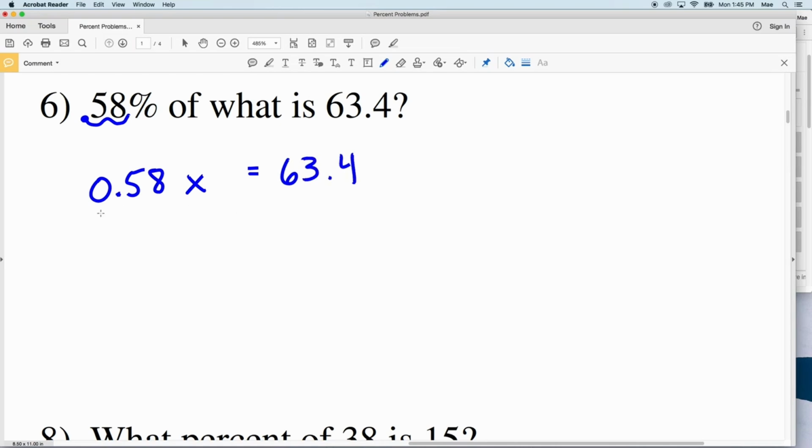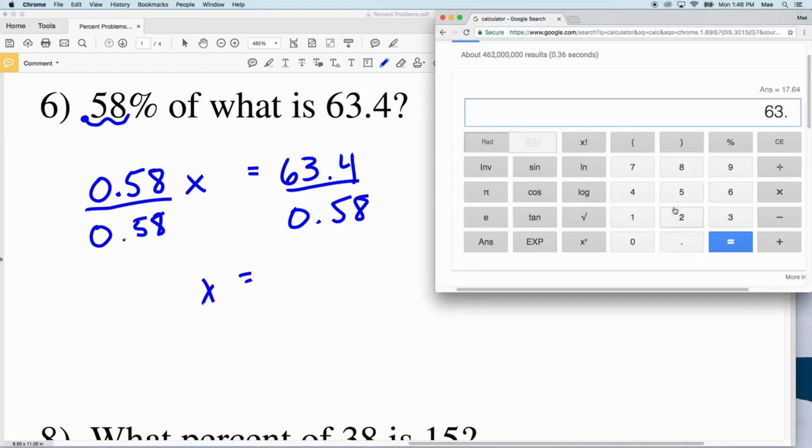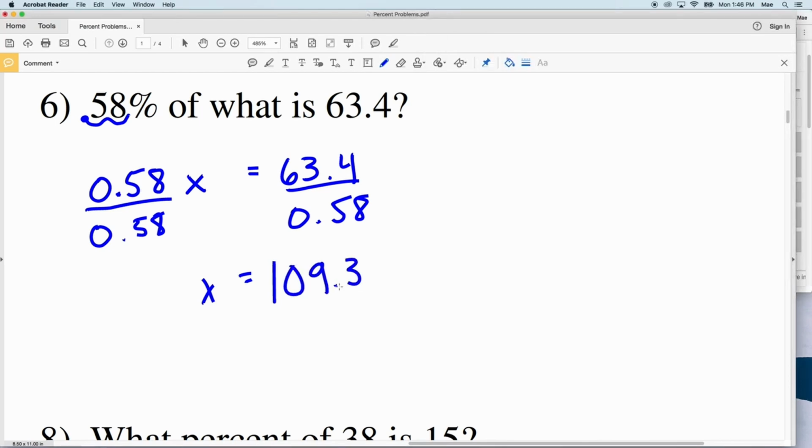So now, in this case, we're going to divide by 58 hundredths to get that x is equal to 63.4 divided by 0.58 gives us 109.3. So 63.4 is 58% of 109.3.